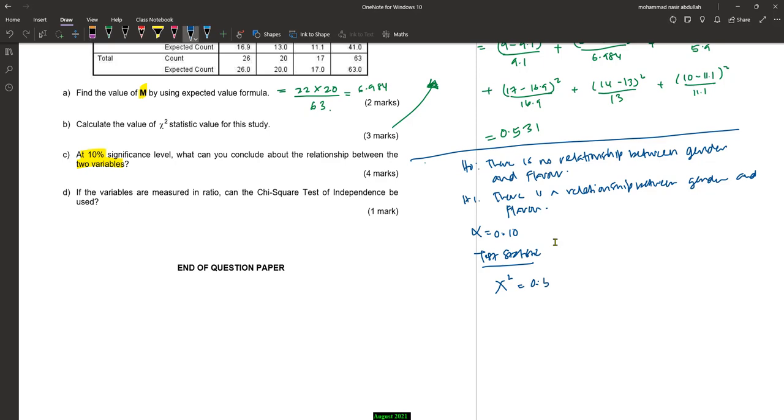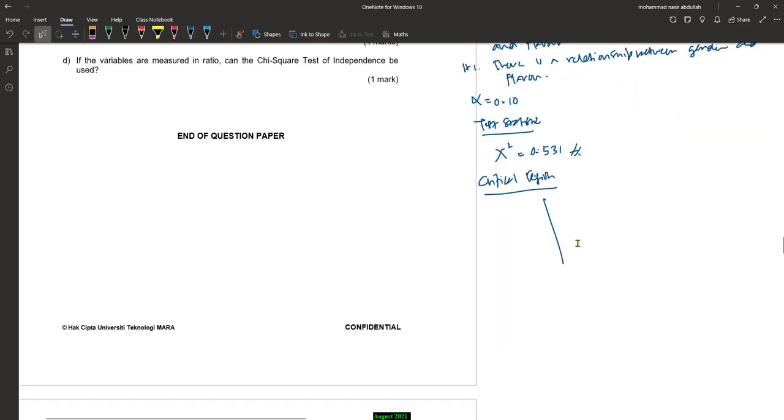I'm not sure whether the answer is correct, but okay, 0.531. So the critical region. But before we calculate the critical region, we need to know the critical value, chi-squared alpha with degrees of freedom.